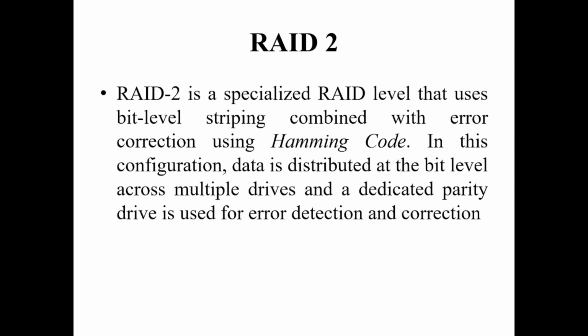Some disks store data and some disks store error checking information. Data is divided into bits like zeros and ones, and each bit is stored in a different disk. Extra disks store error correction codes. If any disk fails, the system can rebuild the data using those codes, which are Hamming codes.